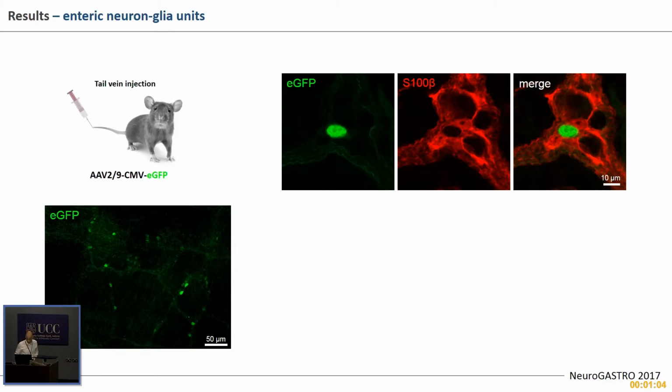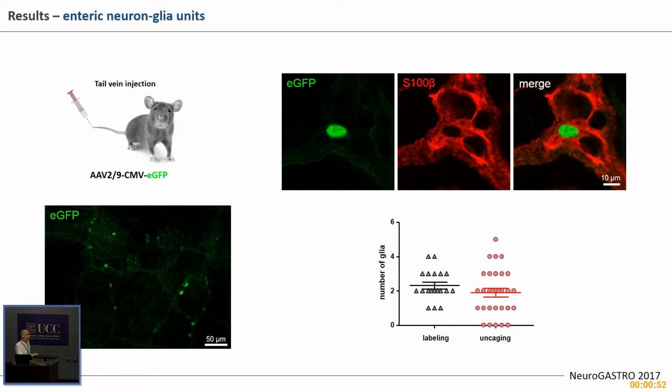And we did some volumetric reconstructions, and we found that on average, there are about 2.3 glial cells touching one single enteric neuron. And this really matches well with the number of cells that we see responding after uncaging. So it could be that there are some sort of neuroglia units, one neuronal cell body talking with 2 to 3 glial cells just surrounding it.